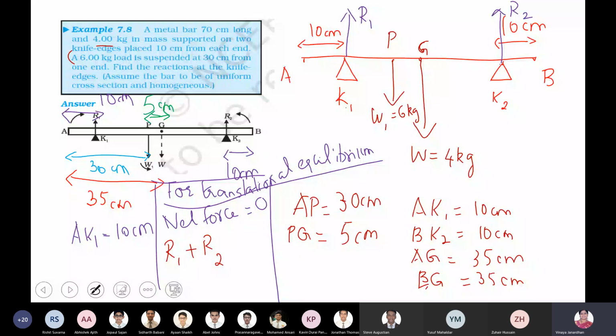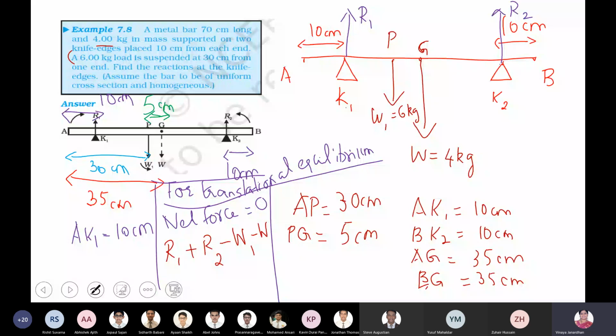R1 and R2 are the forces acting on the metallic rod in the upward direction. So W1 and W are acting in the downward direction. So the sum of all the forces should be equal to 0.